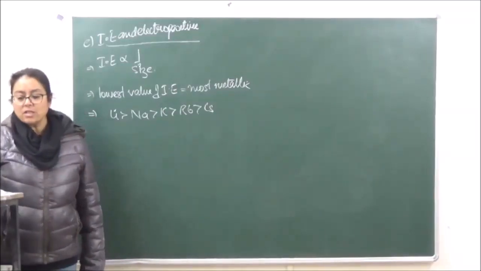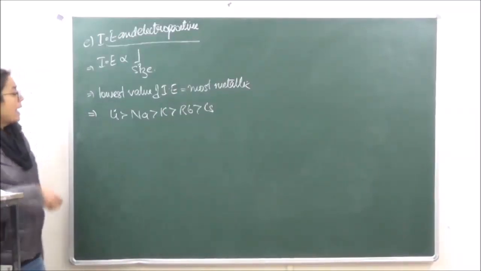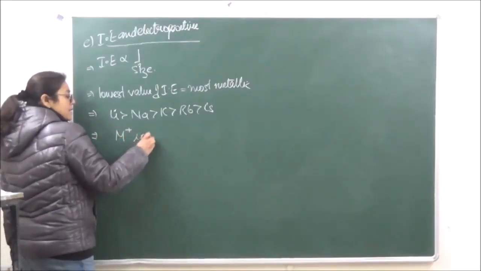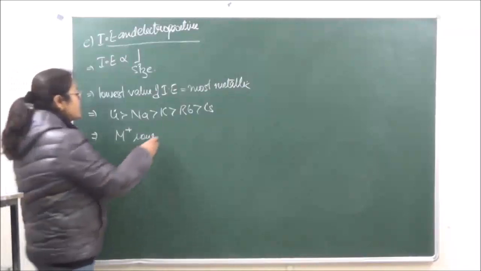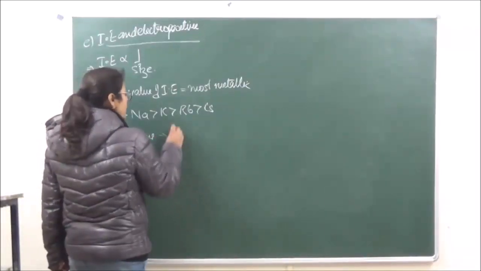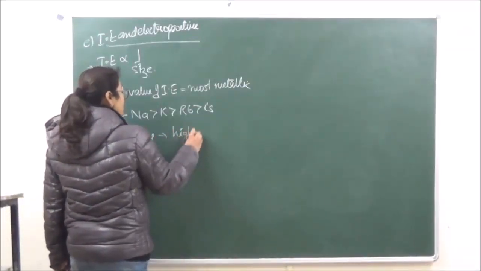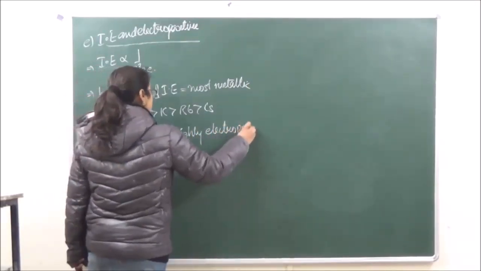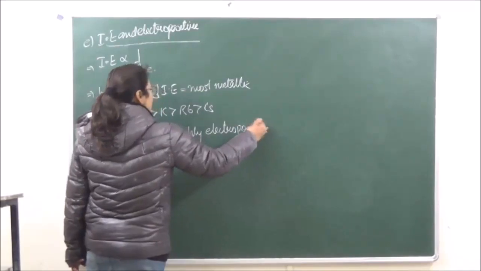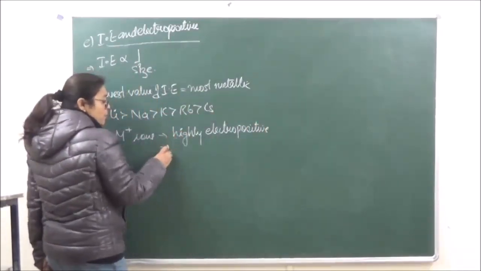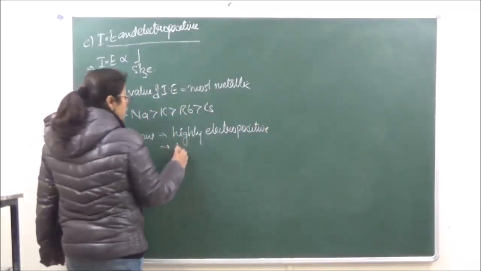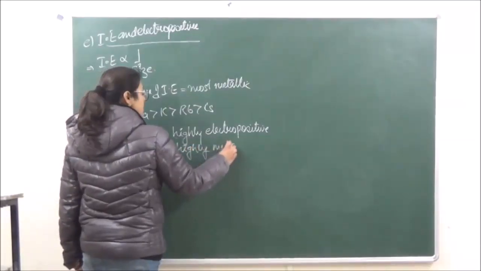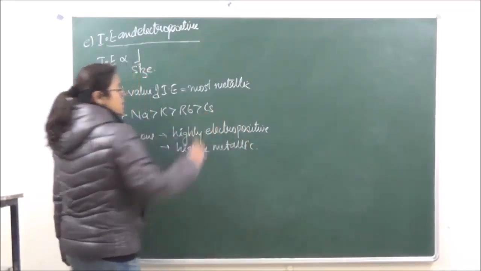So ionization energy over here is low, as a result of which they can be easily converted to positive ions, as a result of which they are highly electropositive, and because of high electropositive character, they are going to be highly metallic.